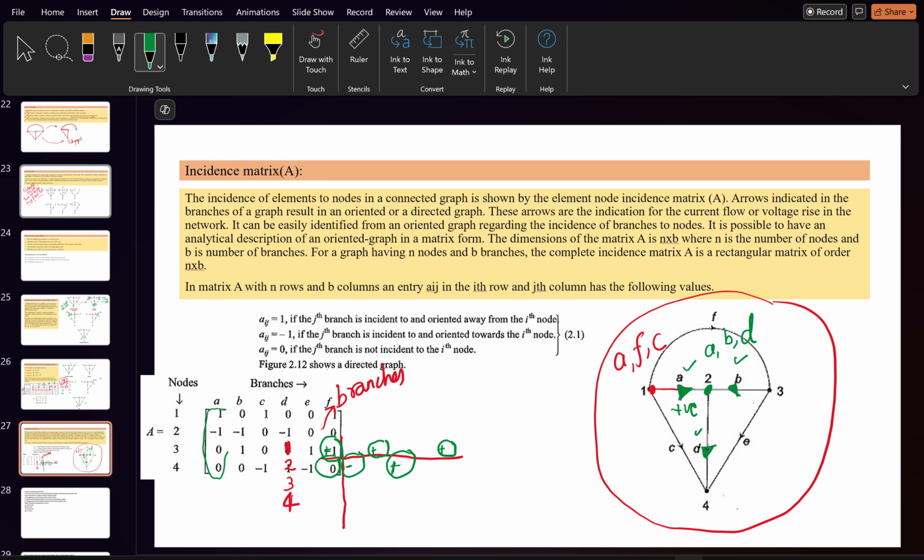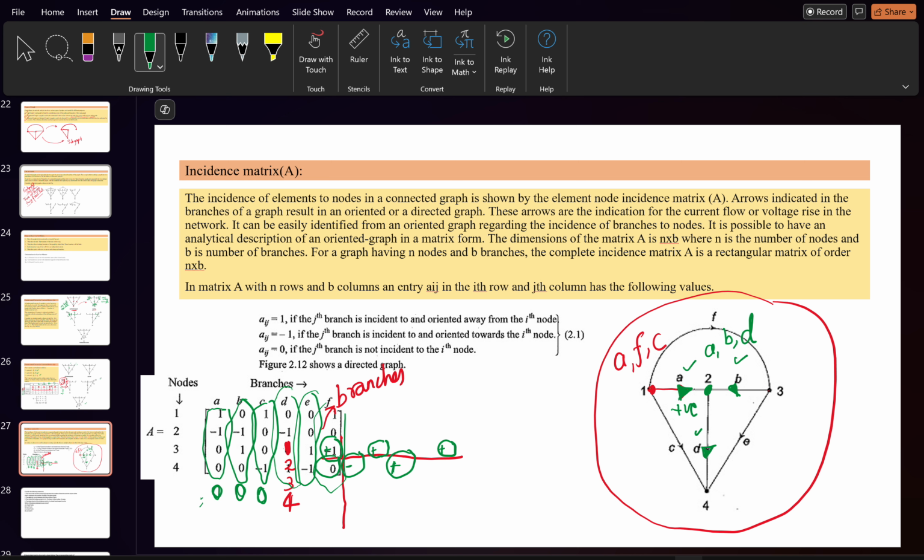Sum the column here as well, it is also zero. If you sum the column of C, it is also zero. When you sum the column of D, it is also zero. E is also zero. F is also zero. So remember that the summation of the columns in an incidence matrix is zero.